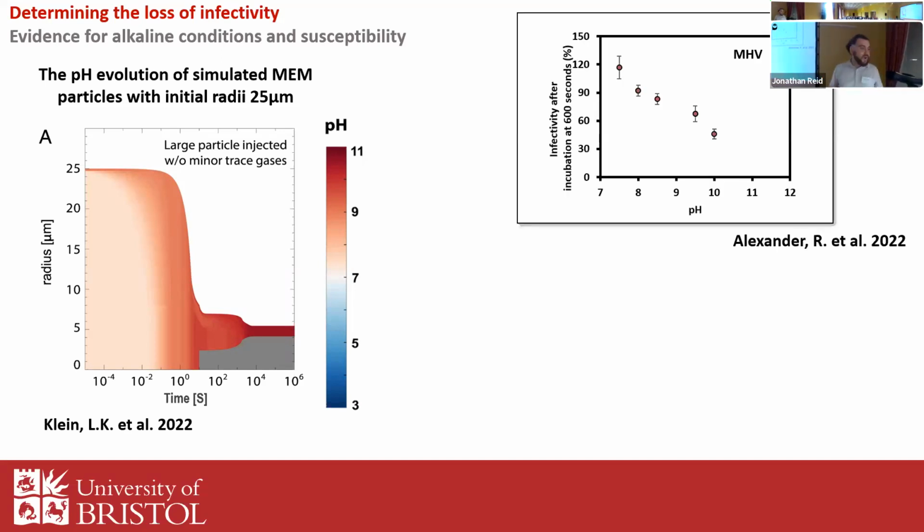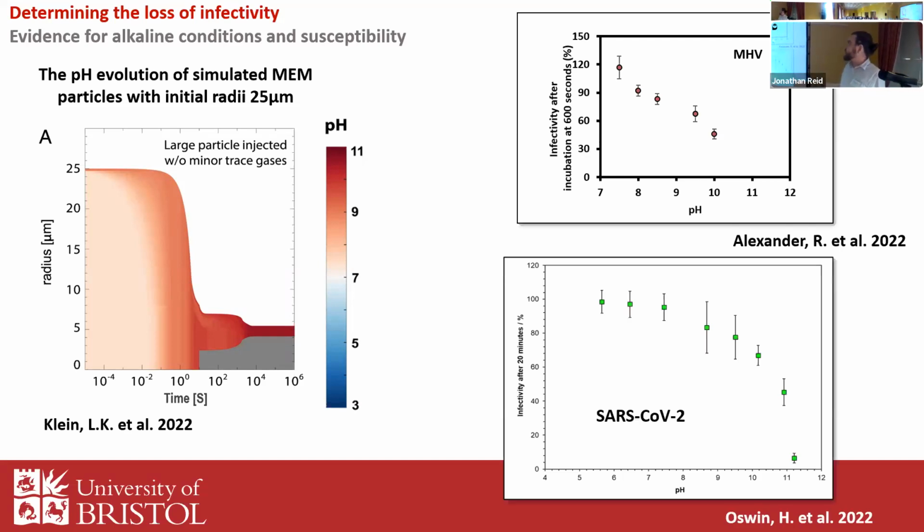And what does that mean for the virus? This is MHV, and with SARS-CoV-2, we see this loss of infectivity at higher alkaline concentrations. So we propose that the high pH is driving that loss of infectivity in the more humid environments.